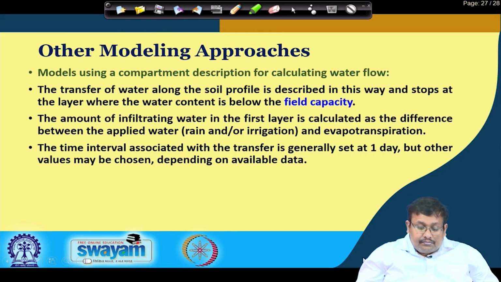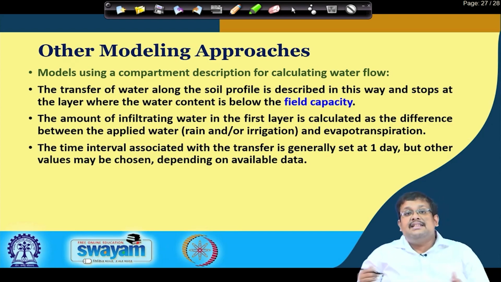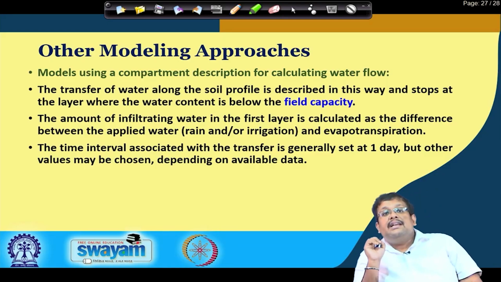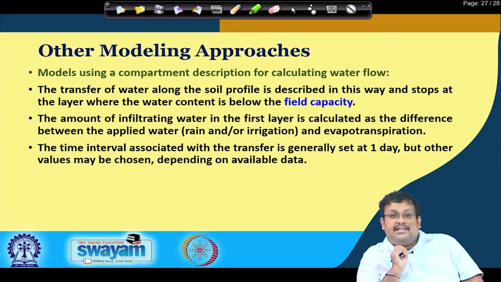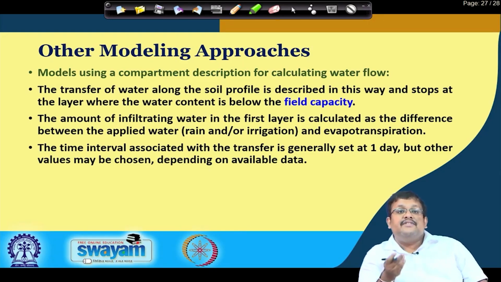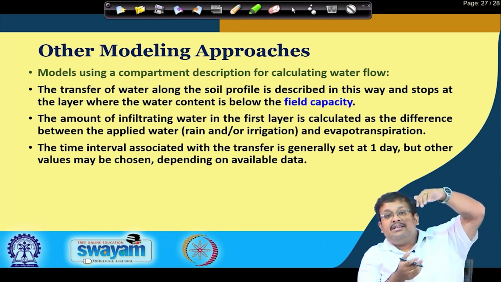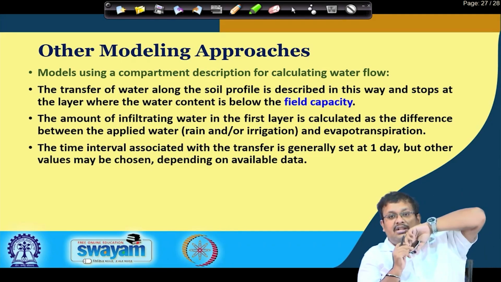Now, remember the transfer of water along the soil profile is described in this way and stops at the layer where water content is below the field capacity, and the amount of infiltrating water in the first layer is calculated as the difference between the applied water in terms of rain or irrigation and the evapotranspiration.